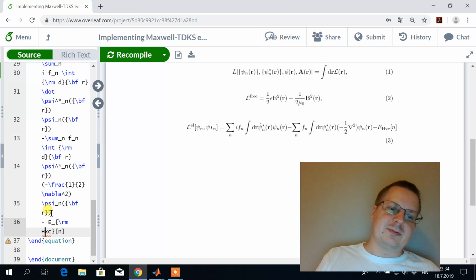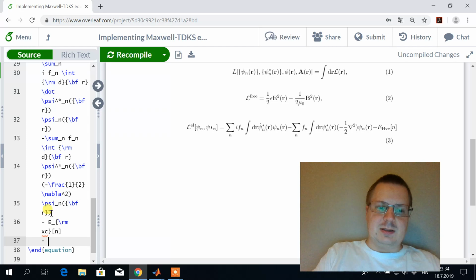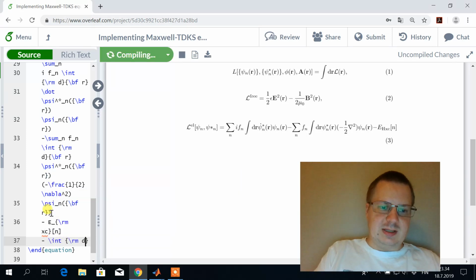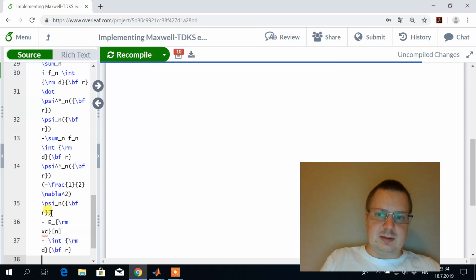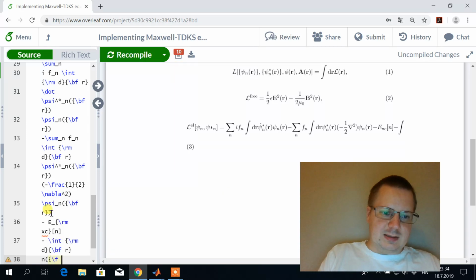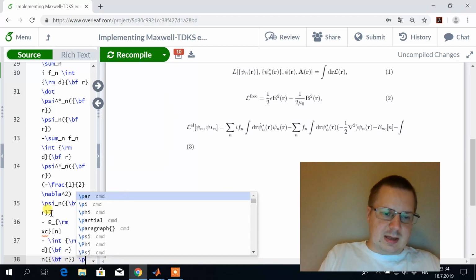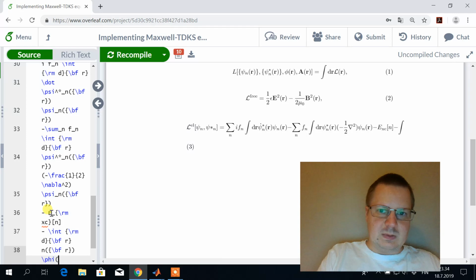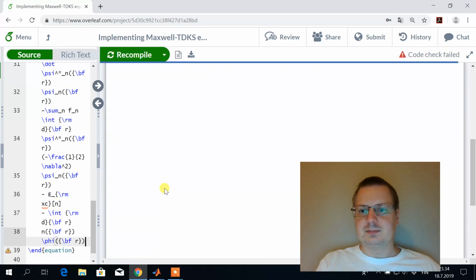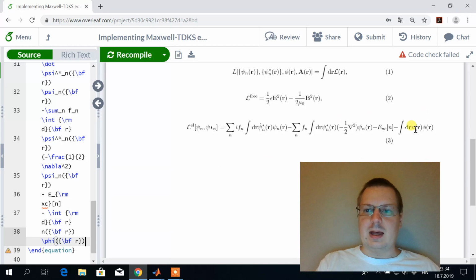Maybe I will try to edit here. So let's integrate over the density and the field phi, which will be the scalar potential. And this sort of acts now as an external potential.